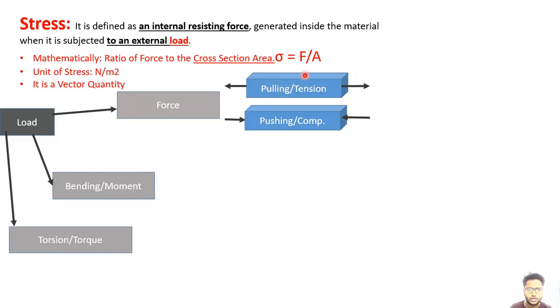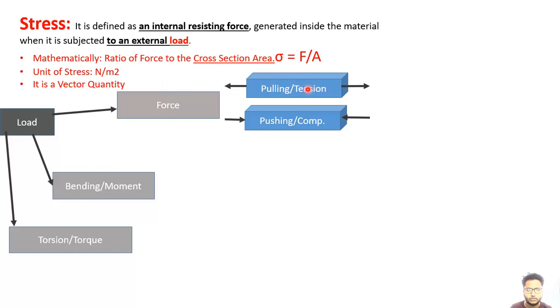If we increase the value of this leftward force, with no rightward force of the same amount, there is no stress generated inside the material. This material will never fail, never get fractured, because it will just move in the leftward direction, as there is only one force.